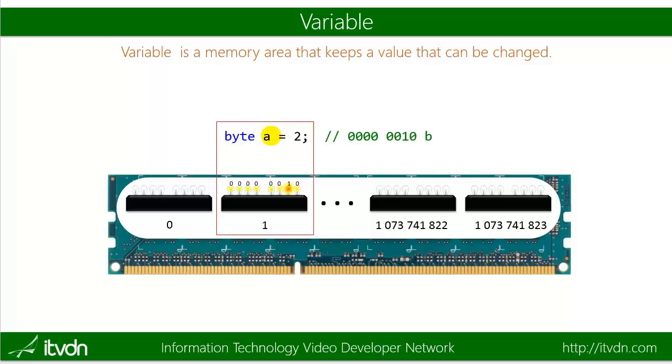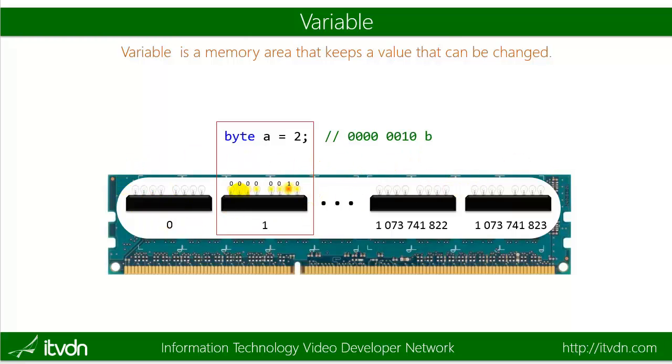Now the computer doesn't understand this. What it understands is this. Remember, 00000010 in the binary system, which this B stands for, this just means that it's in the binary system. This is 2. So this is what it looks like. The computer assigns this value and puts it somewhere in the memory. It can be here, it can be here, we don't know.